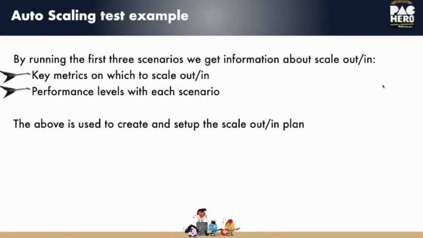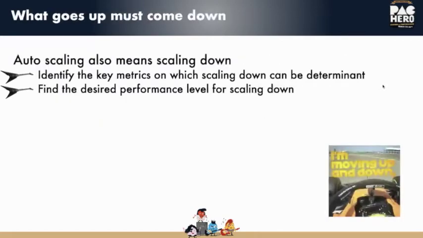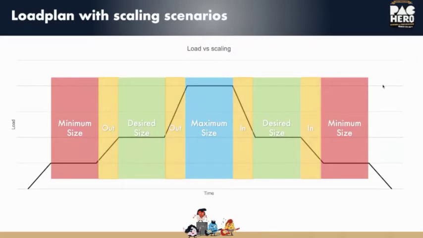So combining that information, you can set up your autoscaling. And if you have set up your autoscaling, you can set up your load scenario, which for me looks a little bit like this. So this is a load plan I use for scaling scenarios.